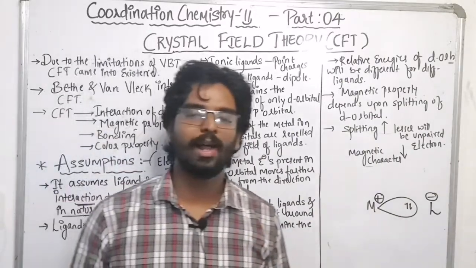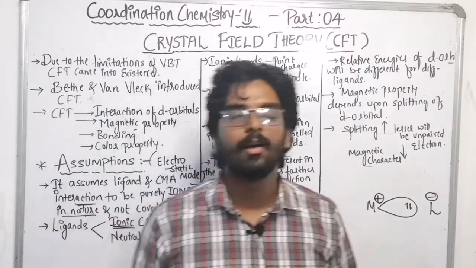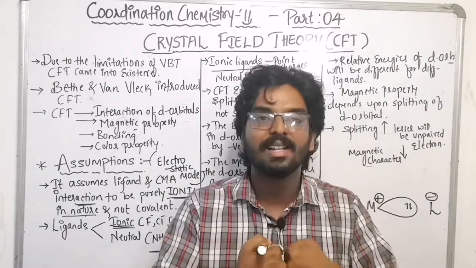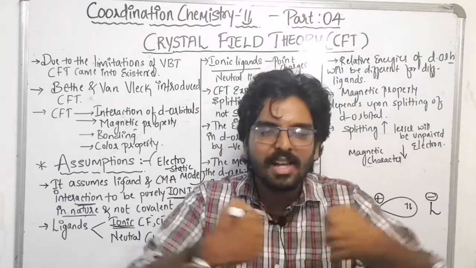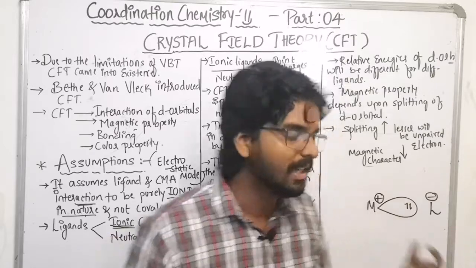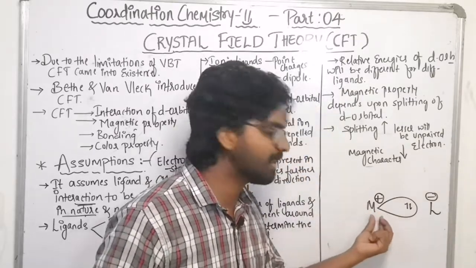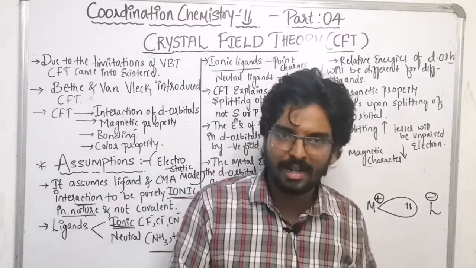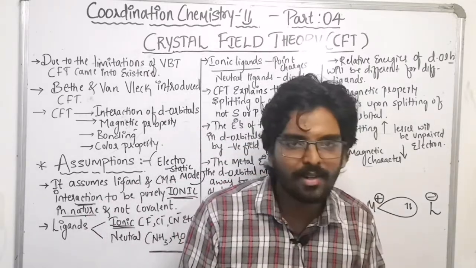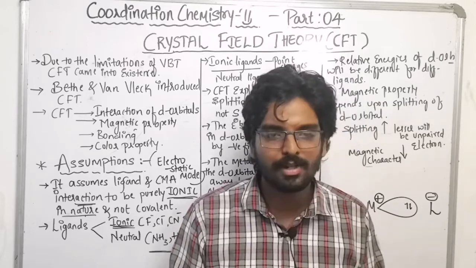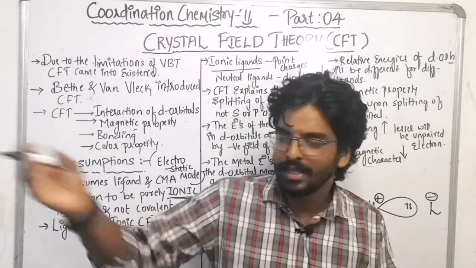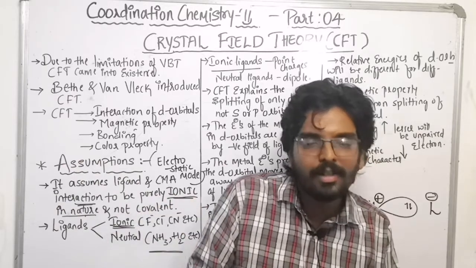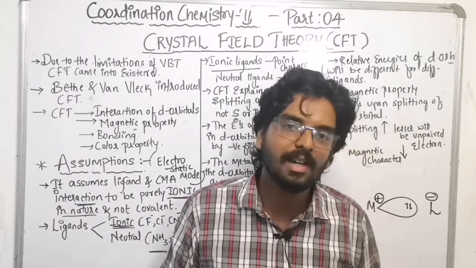As we all know, according to the universal law, same charges repel each other and unlike charges attract each other. For the metal also, the metal has d orbitals, and in those d orbitals there are some paired electrons and some unpaired electrons. So when the ligand is approaching the central metal atom or ion, what is the major thing happening here?